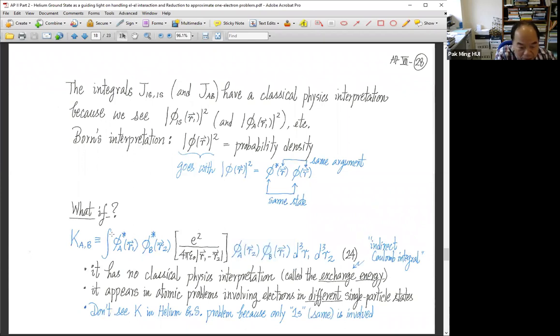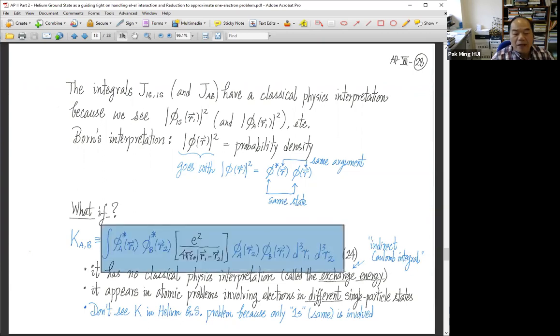I have the same, I should put another integral. I mean to integrate over all the 6 coordinates, okay? Now look at this integral. I do not find any psi star psi of the same coordinates. Thereby, I do not have psi square, which I can interpret as a probability density.